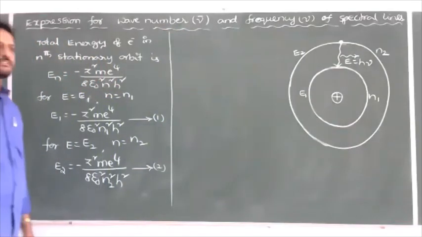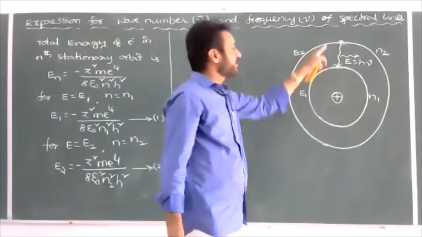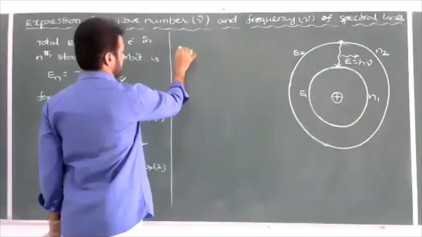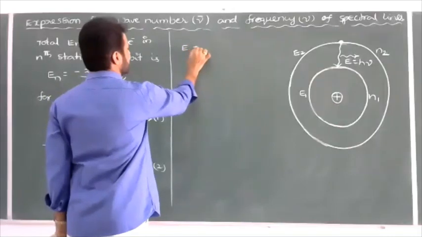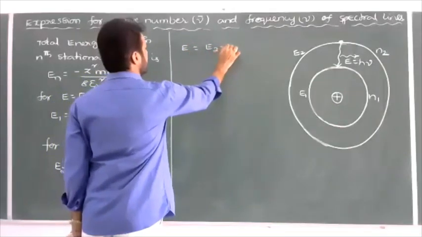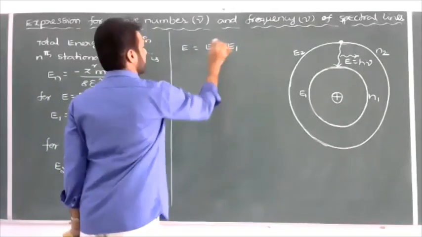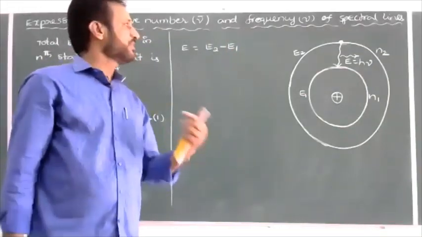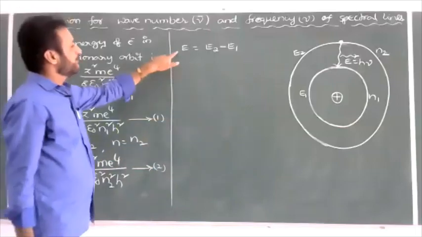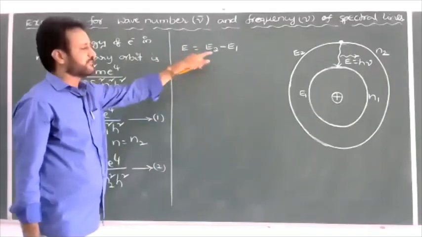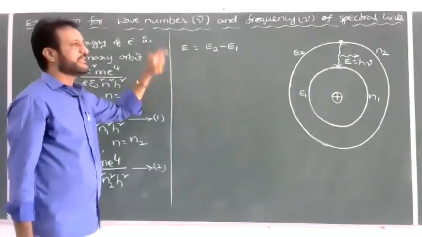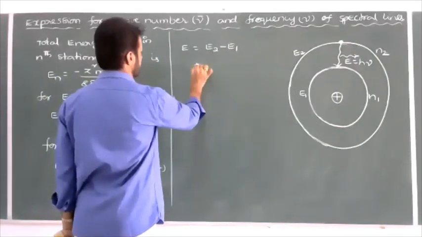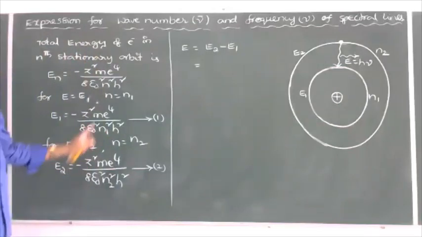When the electron jumps from this higher orbit to the lower orbit, we get energy. Therefore, subtract both the latter equations. E is equal to E2 minus E1. When the electron jumps from a higher orbit to a lower orbit, energy is emitted in the form of electromagnetic radiation. Therefore, energy released E is equal to E2 minus E1. Substitute here the values, whatever the first and second equations give.